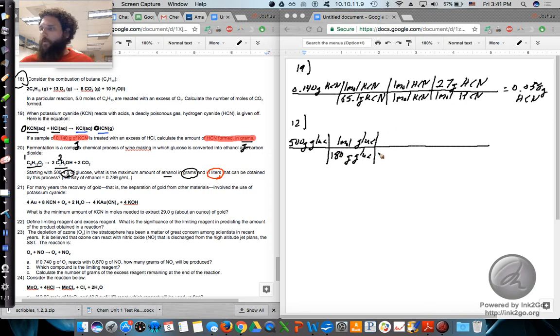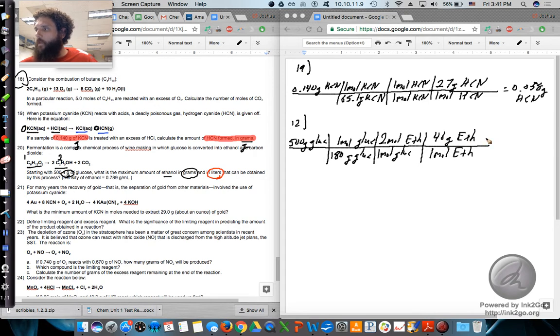Mole ratio step, 1 mole of glucose to 2 moles of the ethanol. So we can go through the next step here, convert it into the ethanol, 1 mole of ethanol, and we have then 46 grams of ethanol.